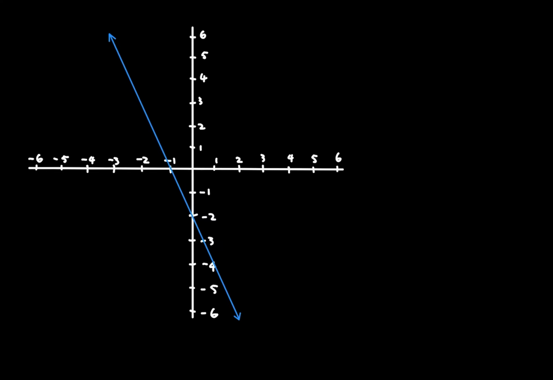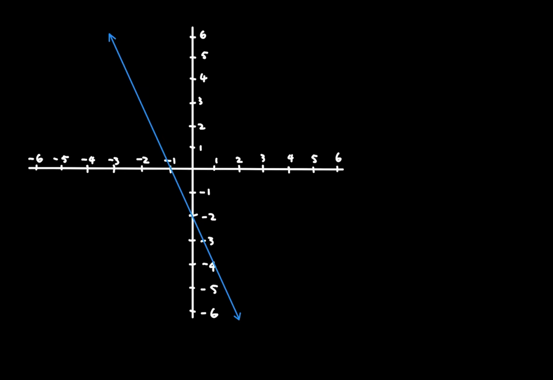So let's go ahead and do a few examples, and we'll find the equation of these lines. But before we do this, we have to know that in order to find the equation of a straight line, we either need 2 points or we need the gradient and another point.